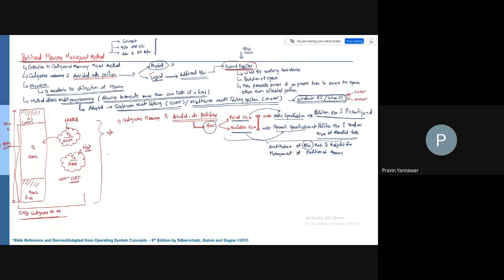Okay, so let us try to understand the first part, that is called static specification.